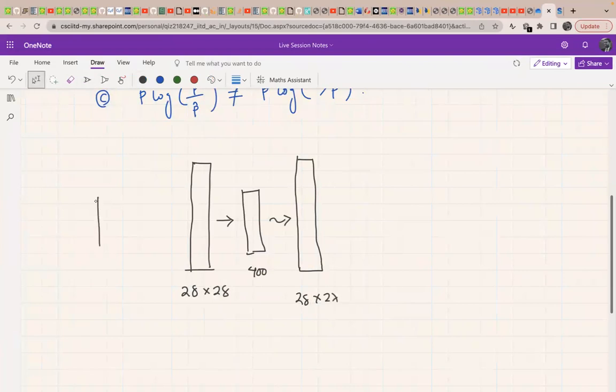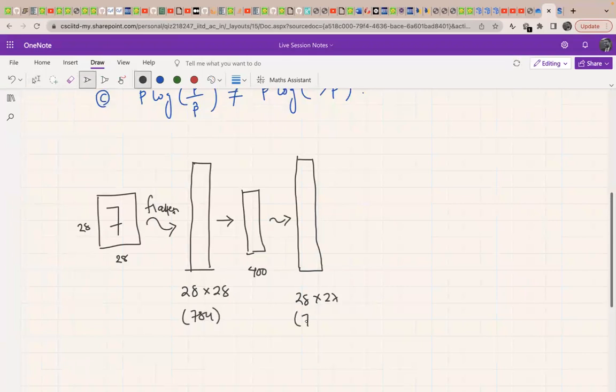I can say that if there is an input image, let's say 7, it is 28 by 28, it is getting flattened here to this 28 cross 28 length vector, which equals 784. And here the operation is called unflatten.